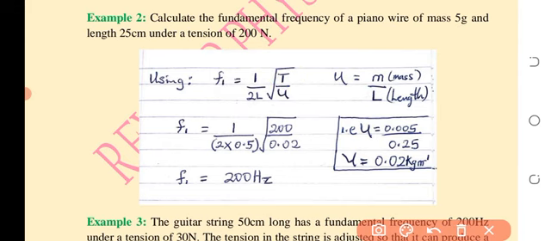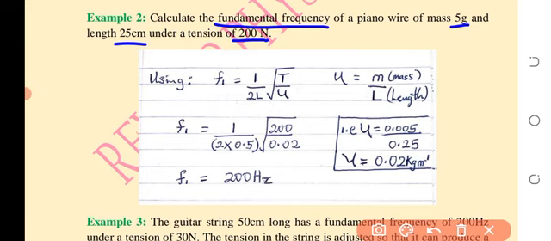You can get all those from your textbook, or you can request the document I mentioned at the beginning of this video. But we are looking at calculations here. This second example asks us to calculate the fundamental frequency of a piano wire of mass 5 grams and length 25 centimeter under a tension of 200 Newton.